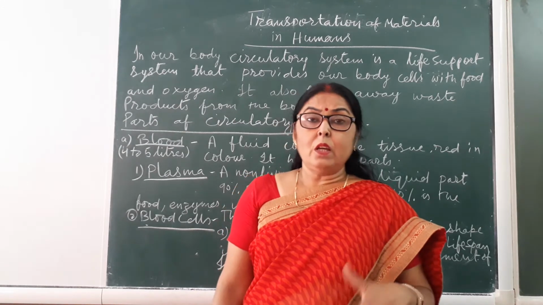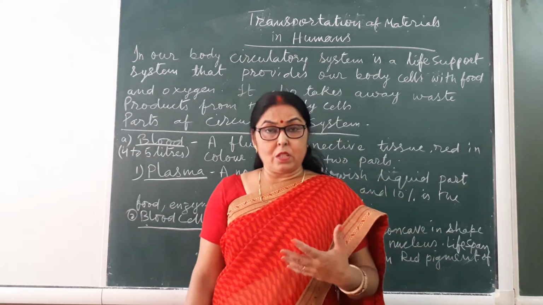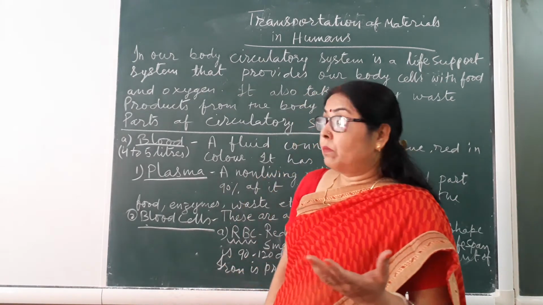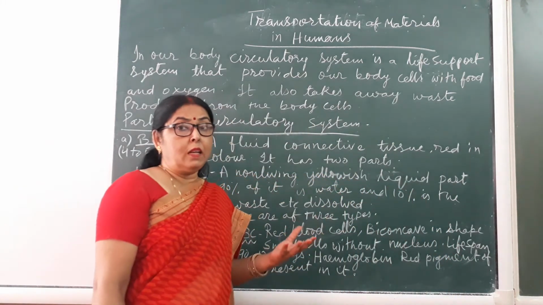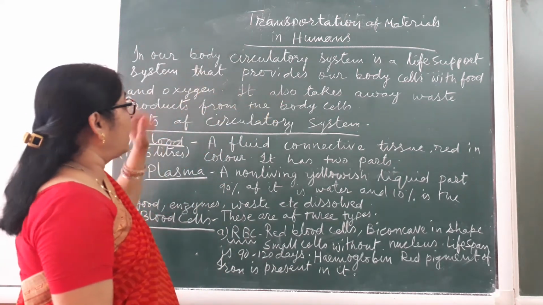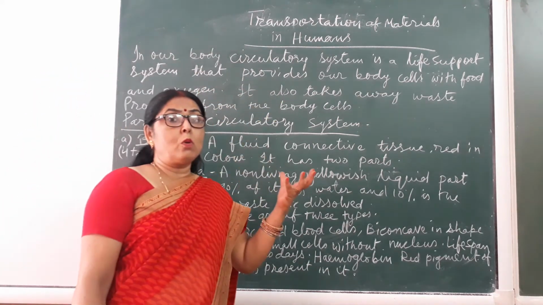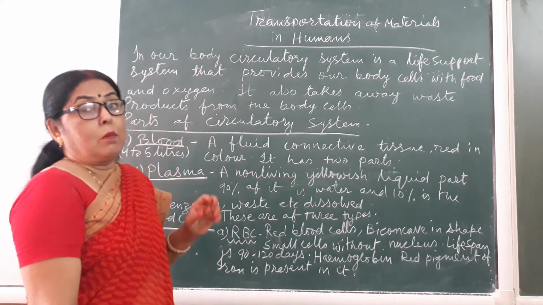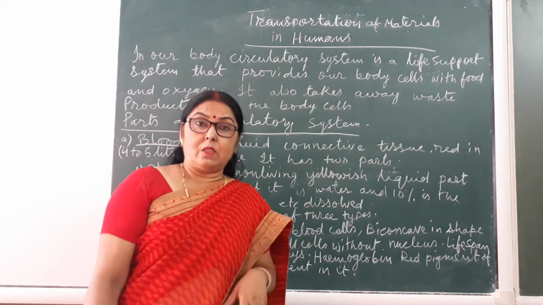In our body we also have a circulatory system, which helps us by providing all the cells with food and oxygen, and also by picking up the waste from the cells. So, parts of the circulatory system.